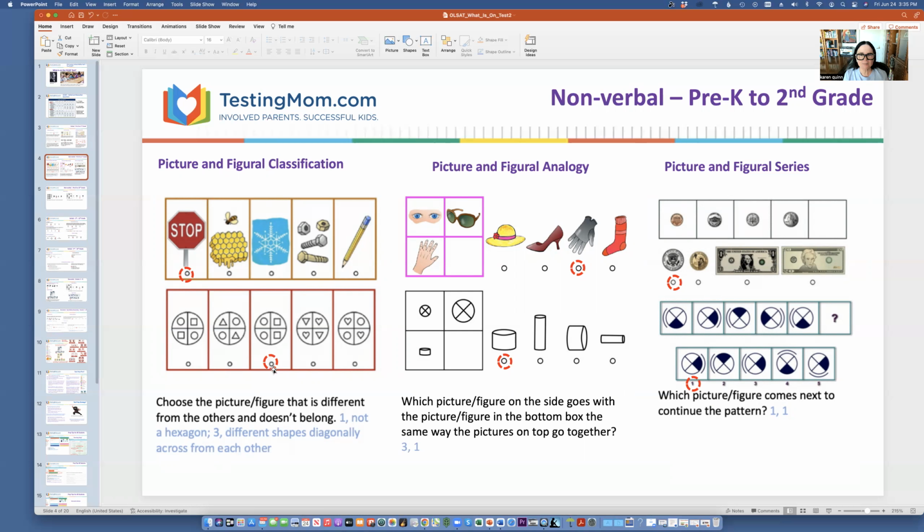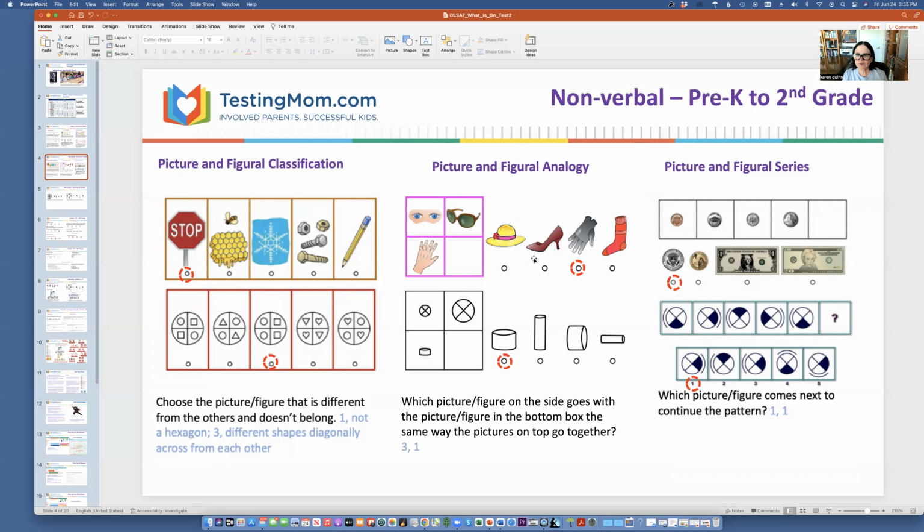It does not belong. With picture and figural analogies, we're looking for the relationship on top, and then we take the third picture and we pair it with an answer so that the relationship on top and the relationship on the bottom are the same. So for example, eyes are to sunglasses as hand is to glove.